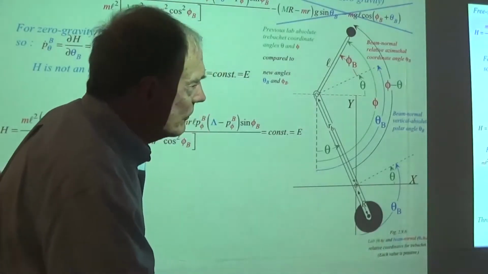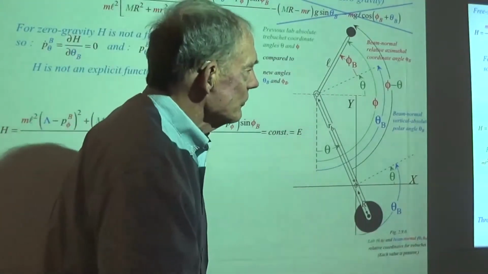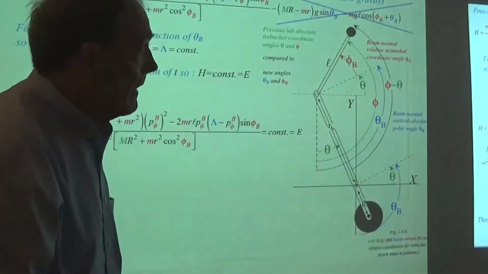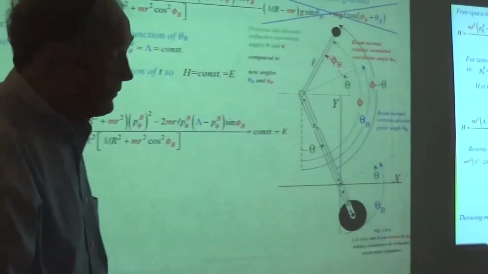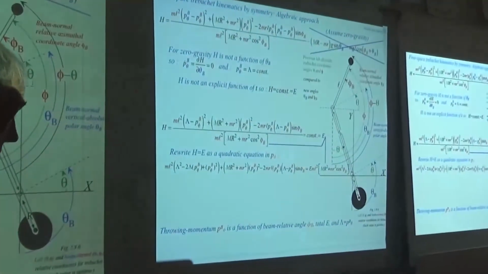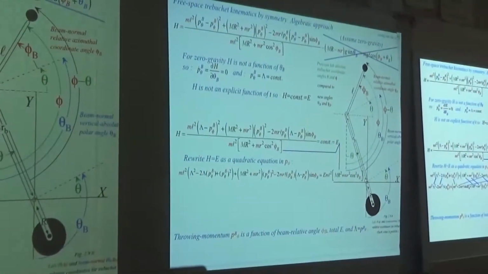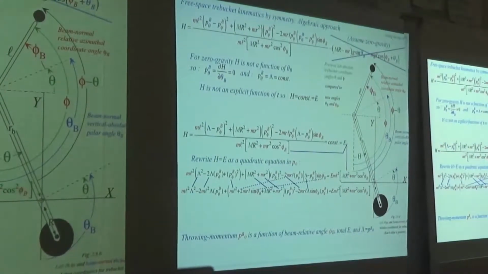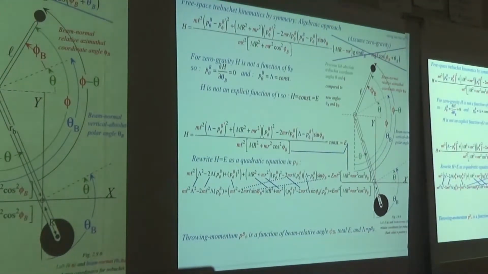So we're going to rewrite this so it's a quadratic equation in momentum. We're going to solve it. That's basically the idea here. And I'll do that down here. Okay, got to rearrange a lot of stuff. But that's what we're after, right there.